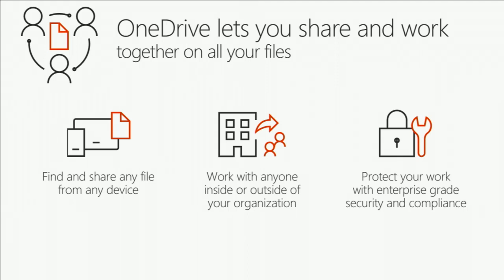The OneDrive applications, including our web app, the mobile apps, the sync client, actually connect to all of your SharePoint files as well. So it's connecting to your personal files at work as well as your team's files. That's an important distinction for people to understand. And then we also want to make sure that we're building in the right protection capabilities and controls so that you feel secure and confident that your content's going to be protected in the way you need it to be.